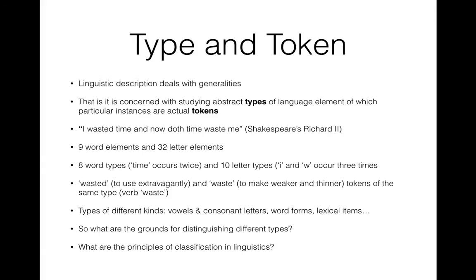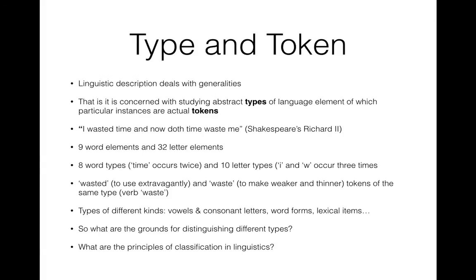Yes, please. What about type? Why do we count it 2 times? Types? No. When we are talking about type, we count it as 1. This is wasted and waste here. These are tokens, particular instances, so they are counted as 2. But what is the root from which these 2 words come? It is the verb waste. So you have waste, and from it you have wasted, and then waste.